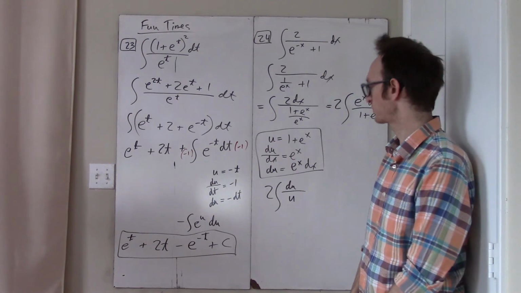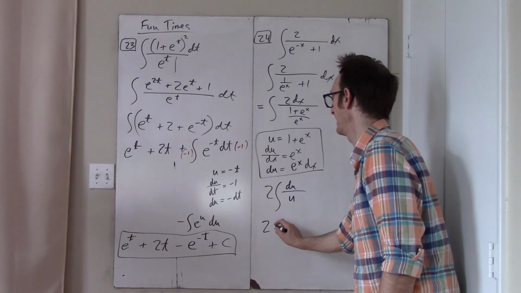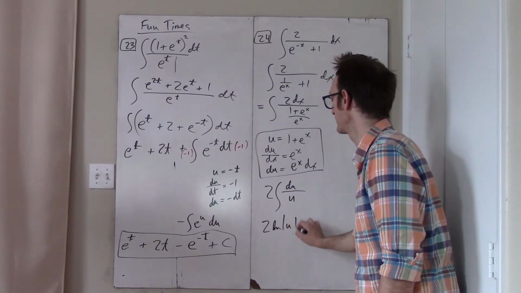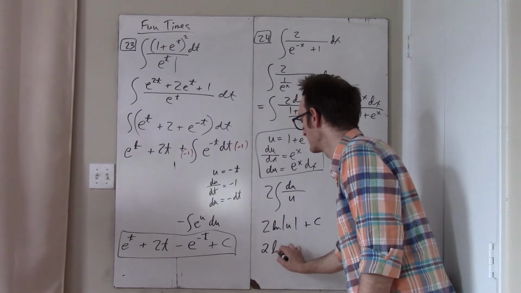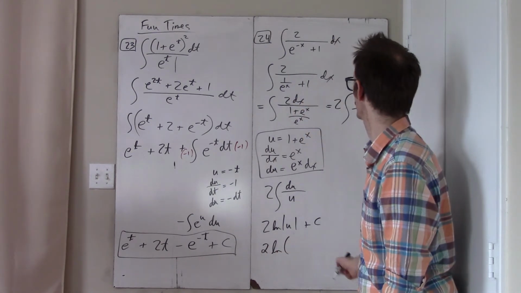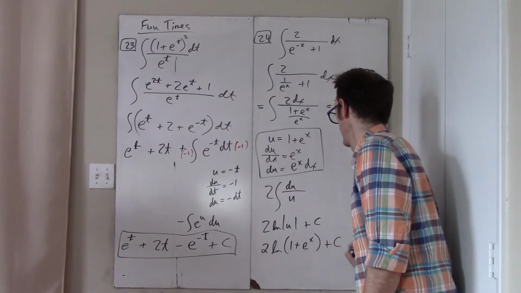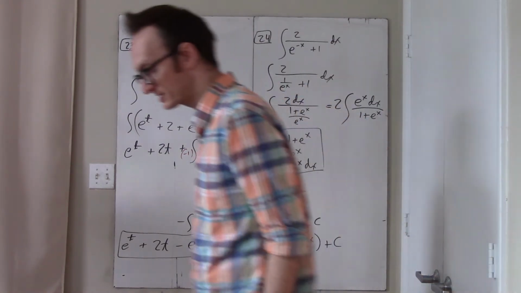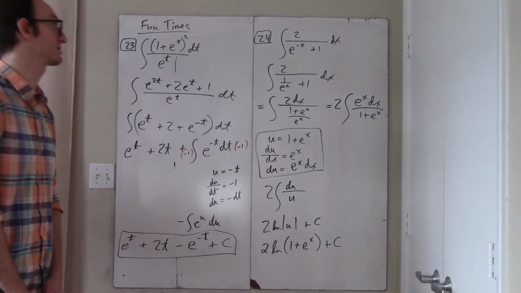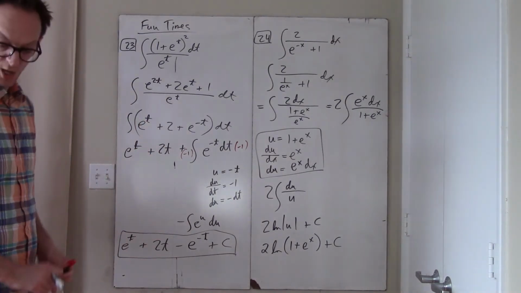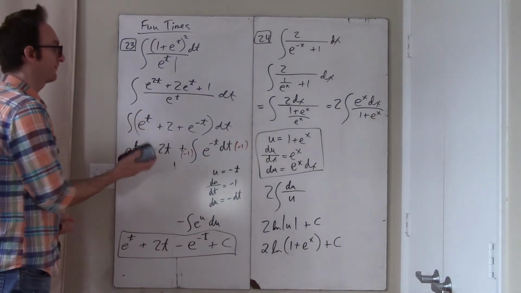This is a natural log problem, so the answer is 2 ln absolute value of u plus c. The final answer is 2 natural log of 1 plus e to the x. I can drop the absolute value because 1 plus e to the x is always positive. So there is the answer to that problem. Okay, 2 more on page 4.